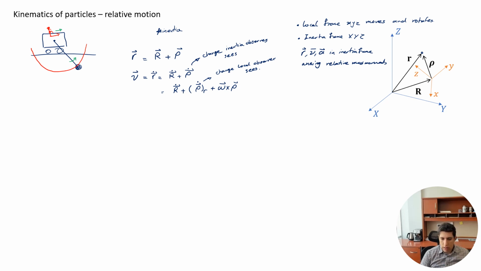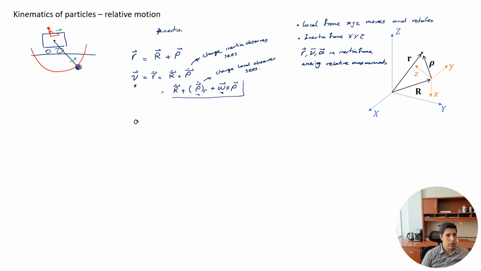And is there anything else I need to add? No, that's it. So that is the velocity. If I know how my frame is rotating and the local measurement, I can infer the velocity in the inertial frame.